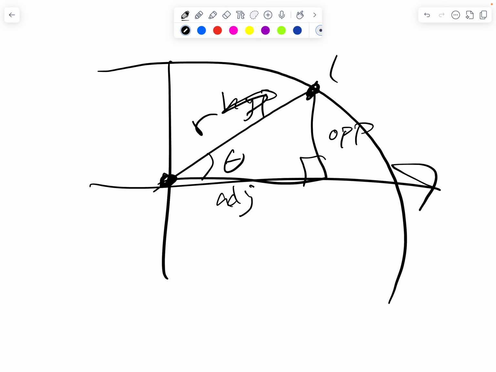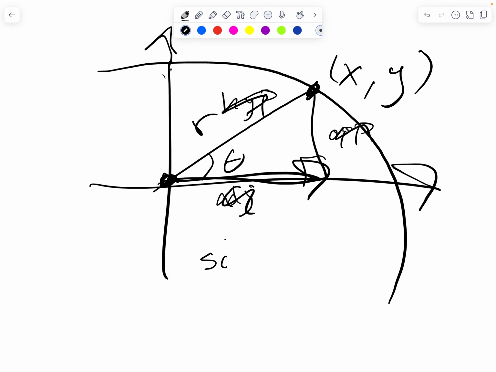Opposite is our y value. This is the x value. So now we can use x's and y's in our coordinate system, which connects geometry and algebra. And so instead of sine of the angle being opposite over hypotenuse, we could say it's y over r.